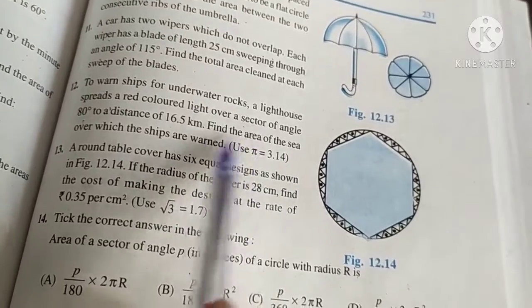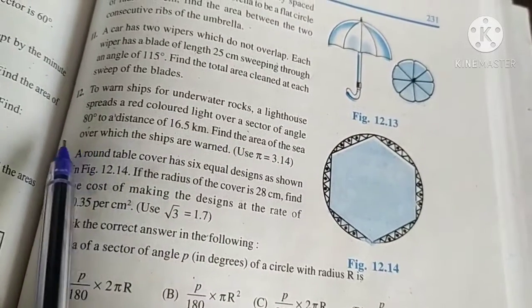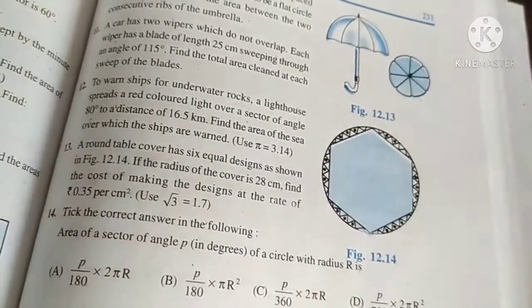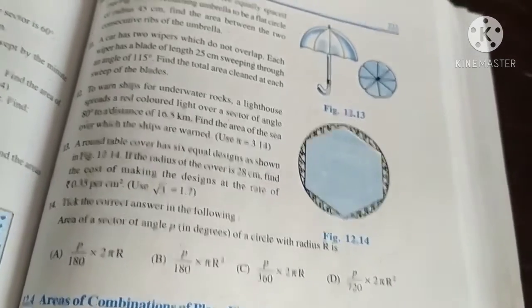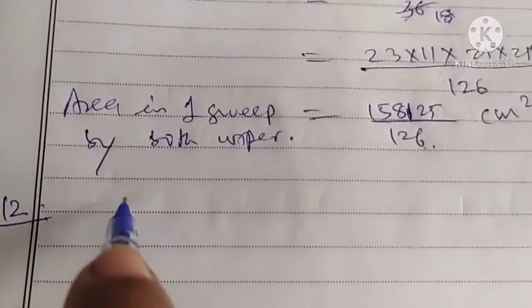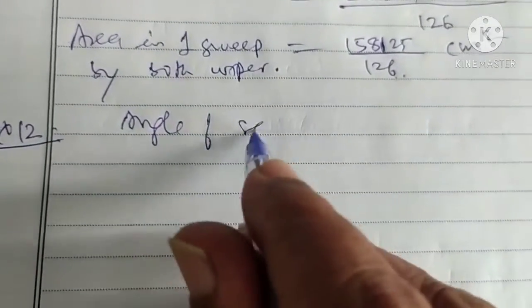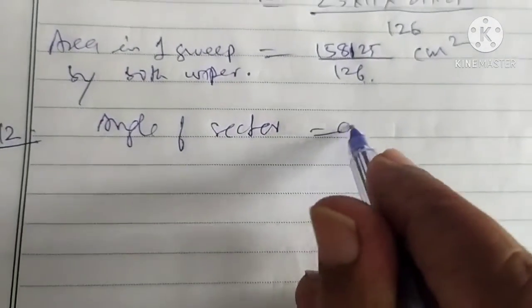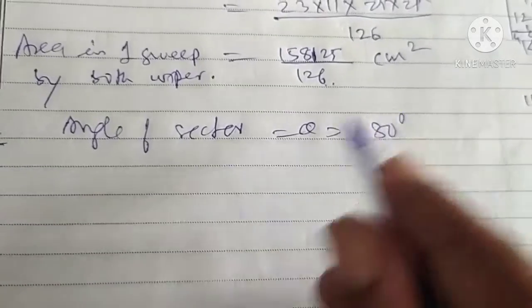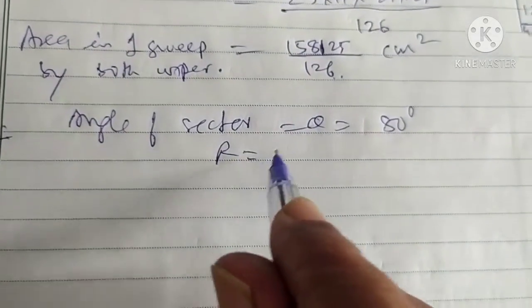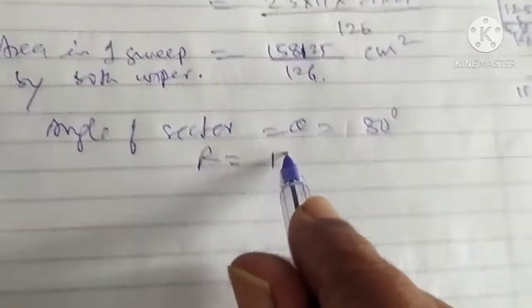So for finding the area of the water over which the ships are warned, for warning they are giving signals by lights. Okay, it means sector. Now see, angle of sector equal to theta equal to 80 degree. Radius equal to 16.5 kilometer.